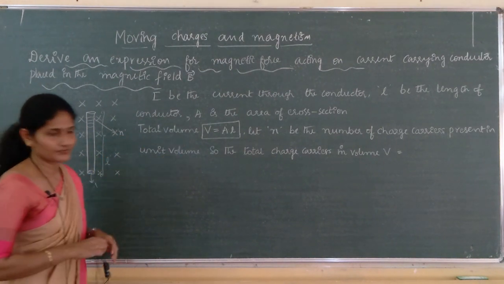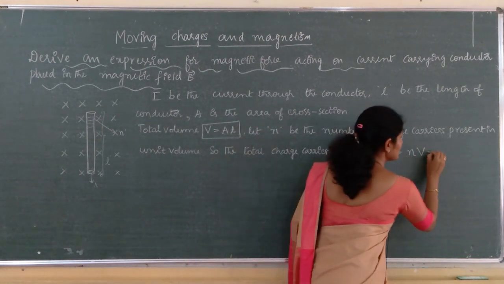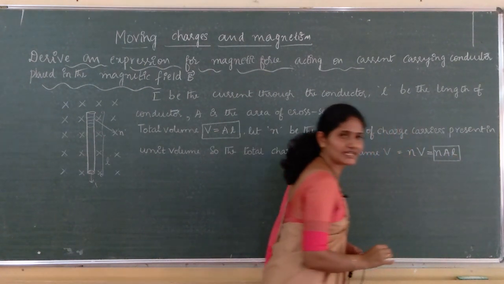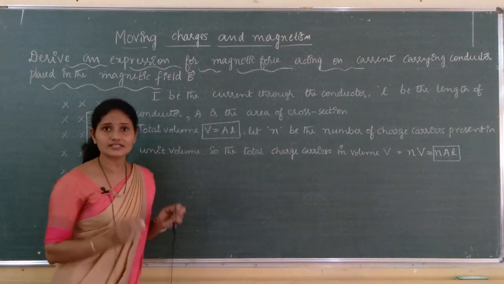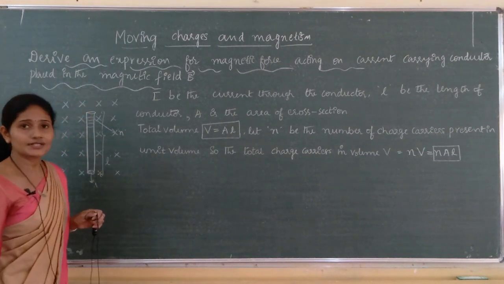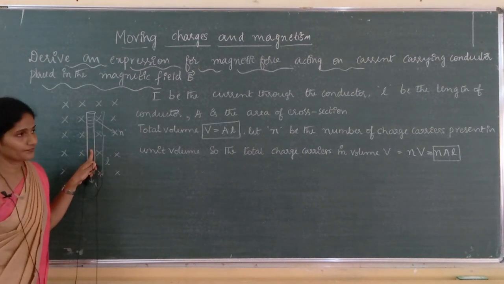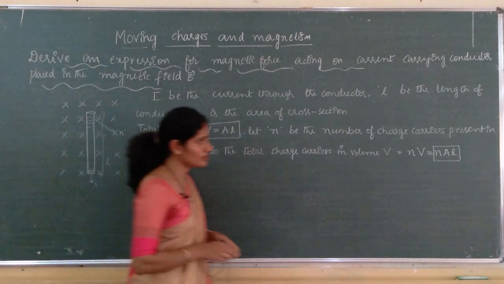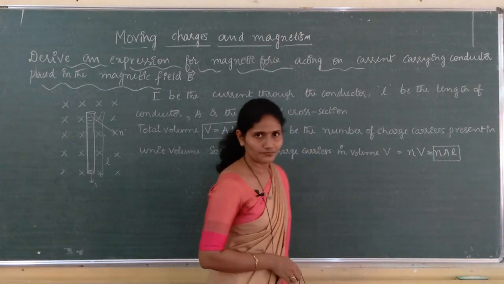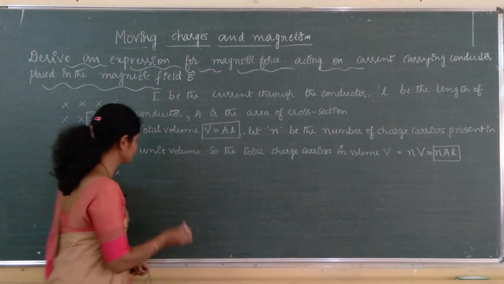The total charge carriers in volume V is equal to n into V. We know that V is nothing but A into L, so this is the total number of charge carriers present in this volume, nAL. Charge on a single particle is represented by q. Then what is the charge on nAL charge carriers? nAL into q.